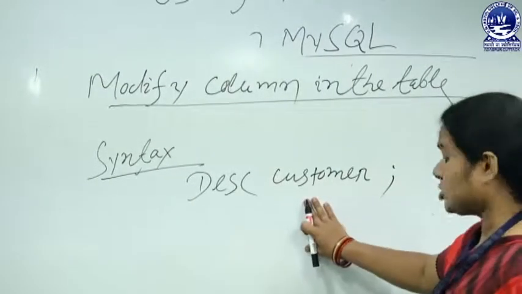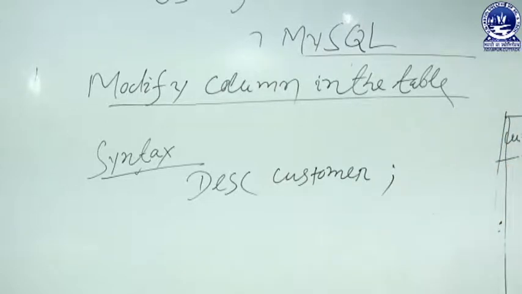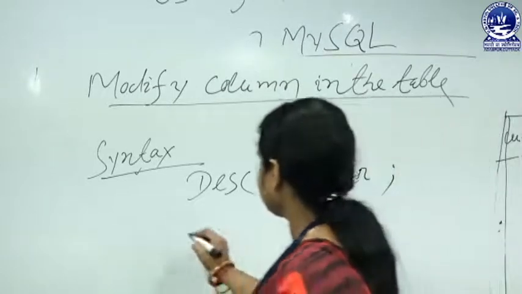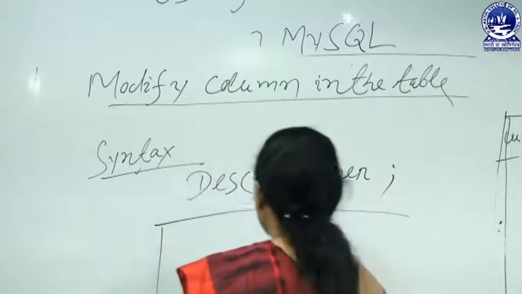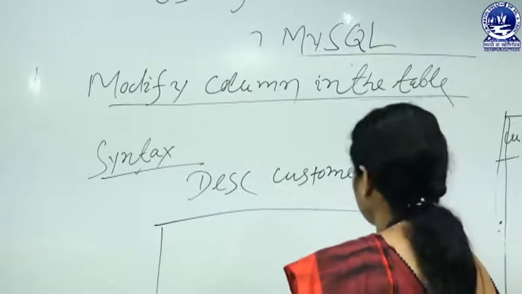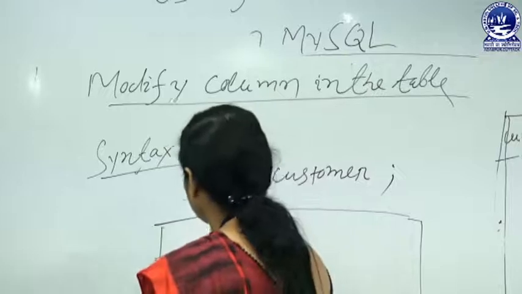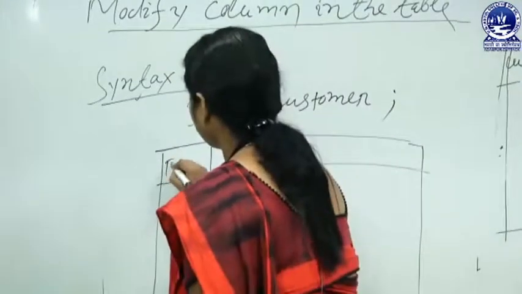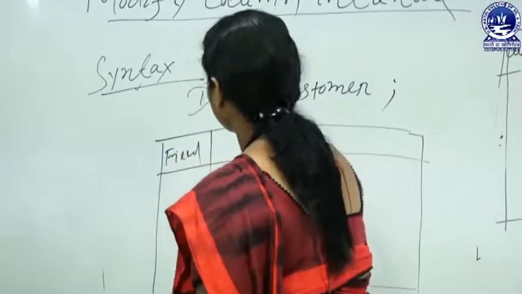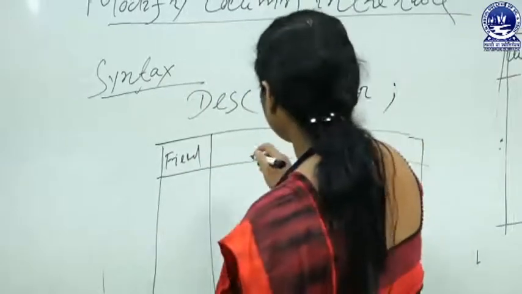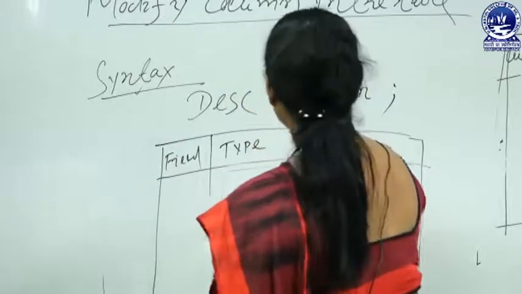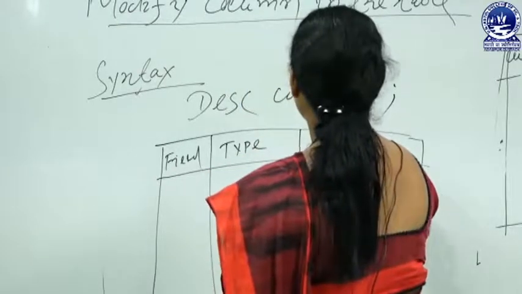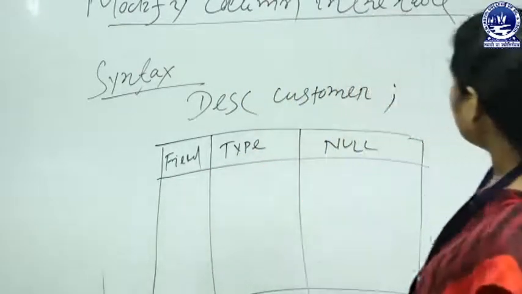After executing this command, the output will show field name, type, and null.